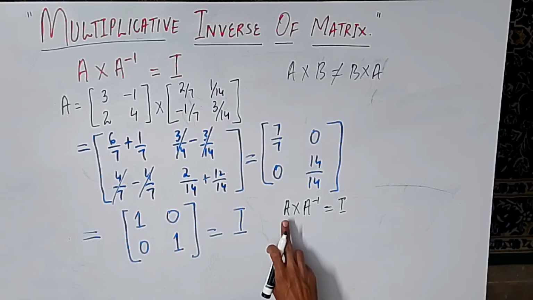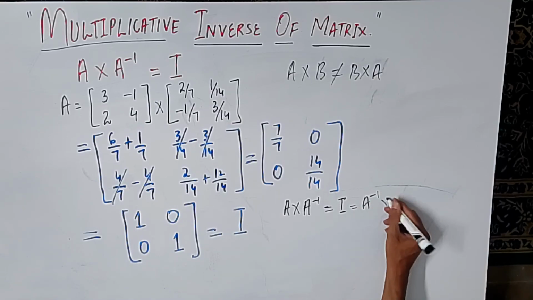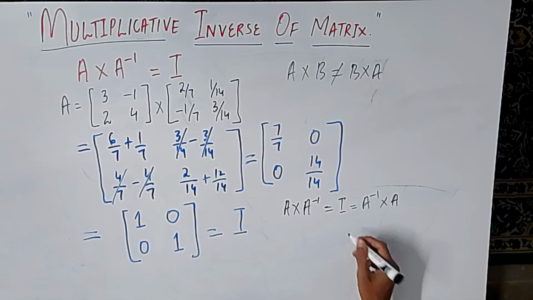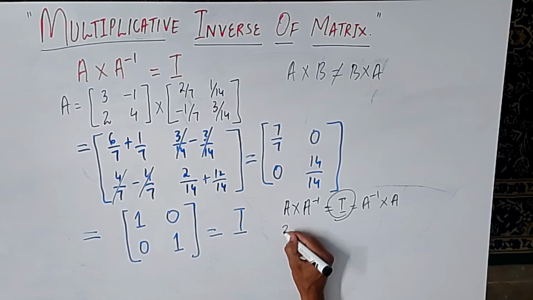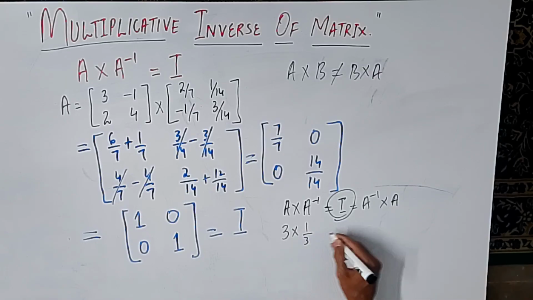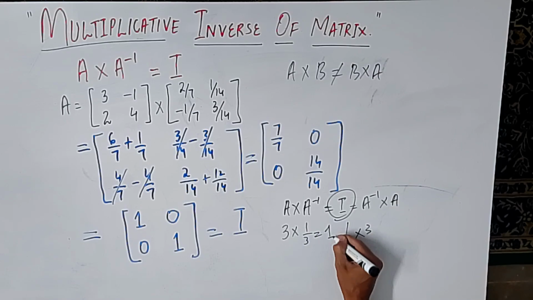If you will multiply the matrix with its inverse or the inverse with its matrix, in both cases you will get the answer identity. Because if you take it like this, 3 multiplied by 1 upon 3, 1 upon 3 multiplied by 3, in both cases you will get the answer 1. So this is what is happening over here.